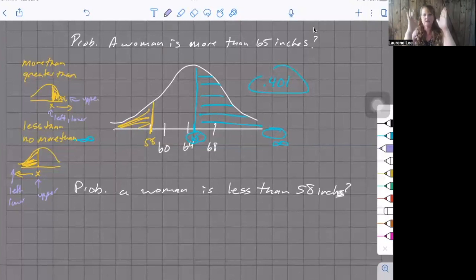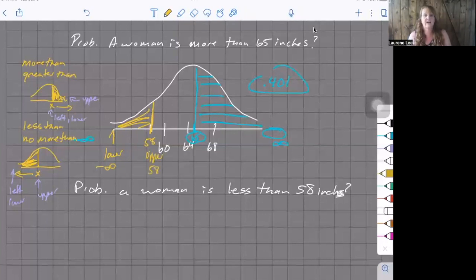So you just look at it straight on: if your left hand and right hand are marking the section that you colored in, the left hand's the lower, the right hand's the upper. So for this problem, this yellow section, my left or lower bound is going to be negative infinity, and my upper bound is going to be 58.